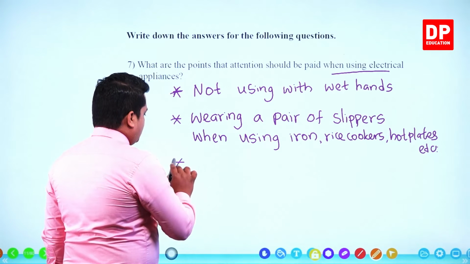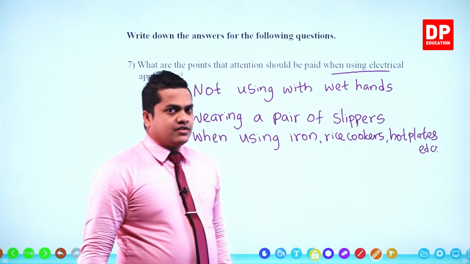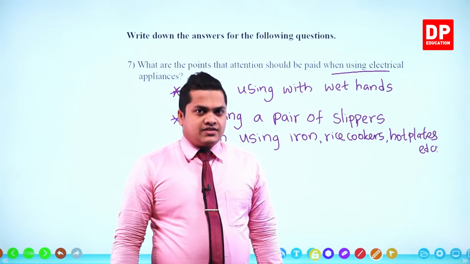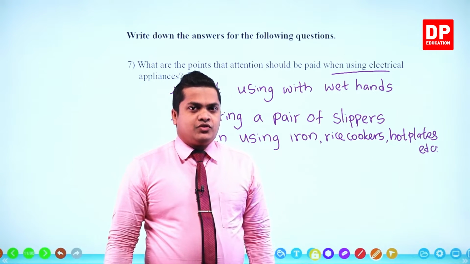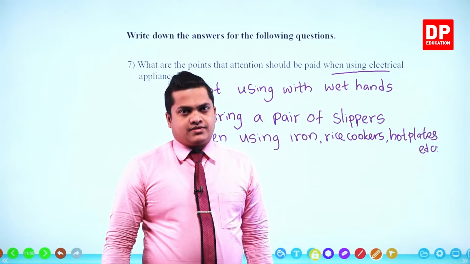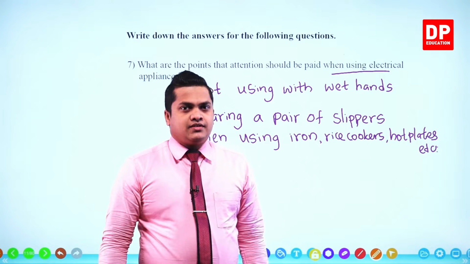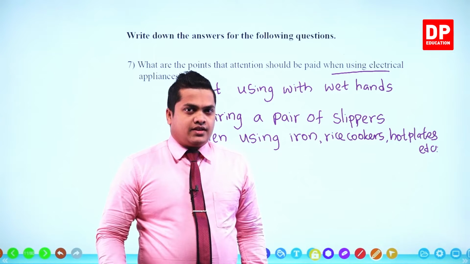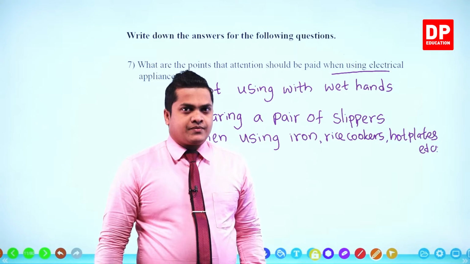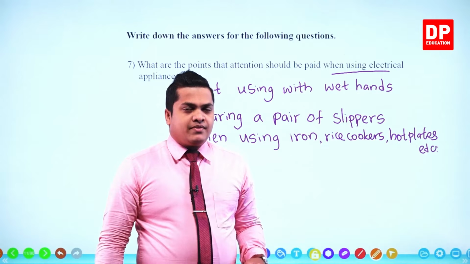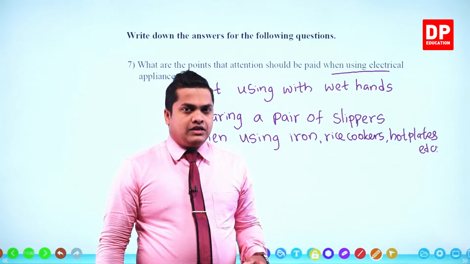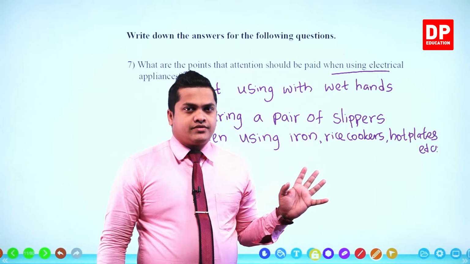Then this is very important, my dear children. If there is lightning and thundering, we should never use these electrical appliances, because there is a possibility that we might get struck by lightning, as these things have conductors.